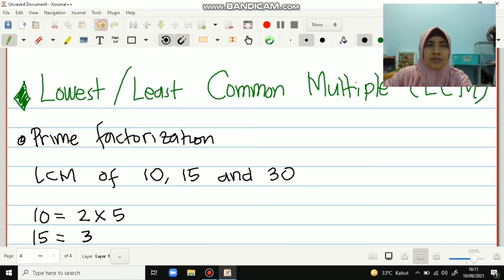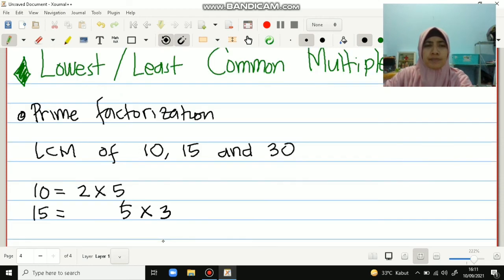Wait, I will move. 3 times 5. Then this is the space for 2, so I write down the 3 here. Okay, and 30 can give 2 times 15. 2 times 15. The 15 we can write down as 5 times 3.